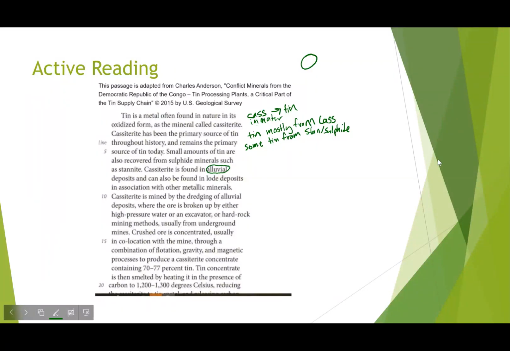Metallic minerals. Okay, alluvial can be kind of a tricky word, so I circle it, look it up, and it basically means that it's associated with water movement and soil. As things are carried through water, water carries minerals, right?